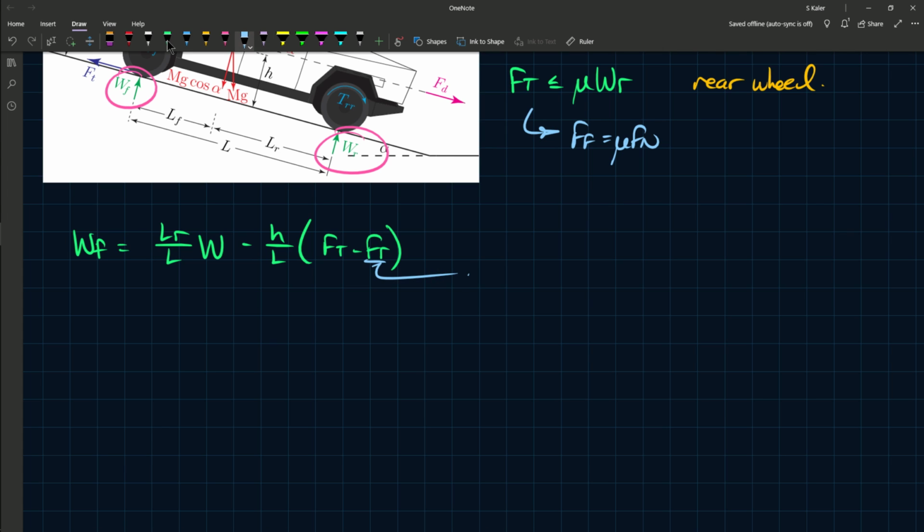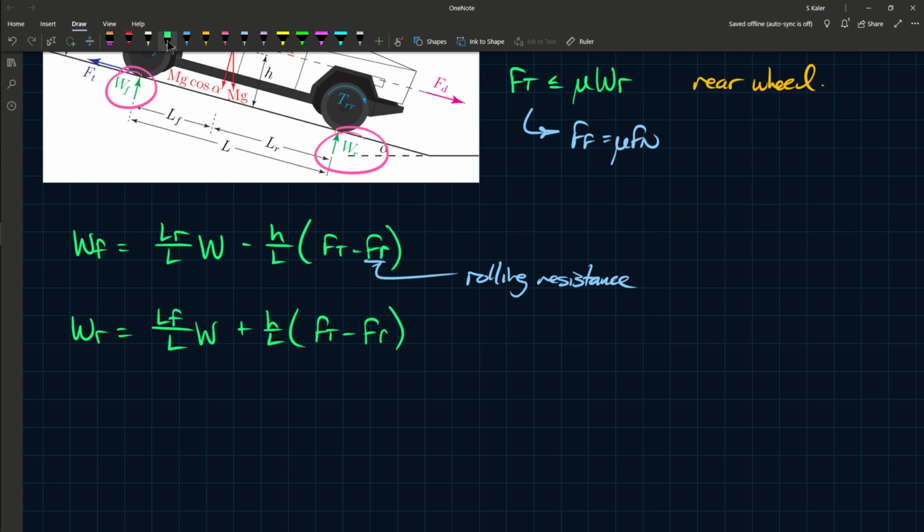So this is rolling resistance, so we don't confuse that with capital R, which is the road load, which are not the same thing. Then the weight on the rear axle will be Lf over L times W plus H over L, Ft minus Fr. And again, Fr is rolling resistance.